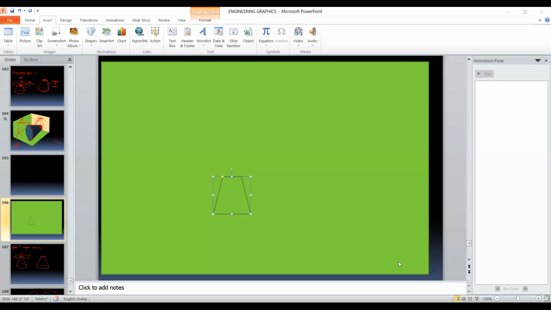Okay. Then at the right bottom corner or at the bottom side, somewhere here, you have to represent the symbol. Okay. So this is the front view of that frustum.